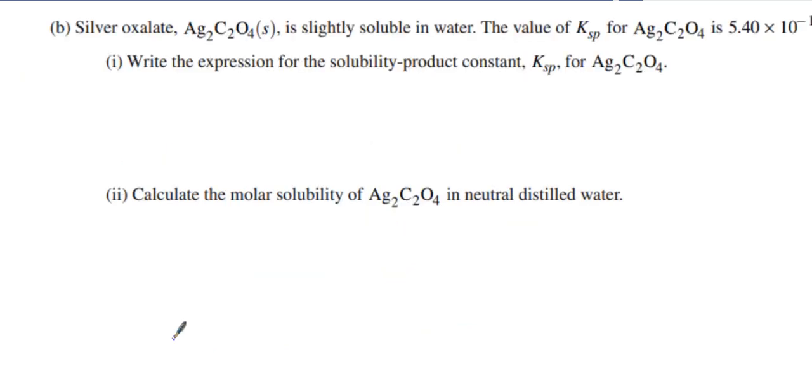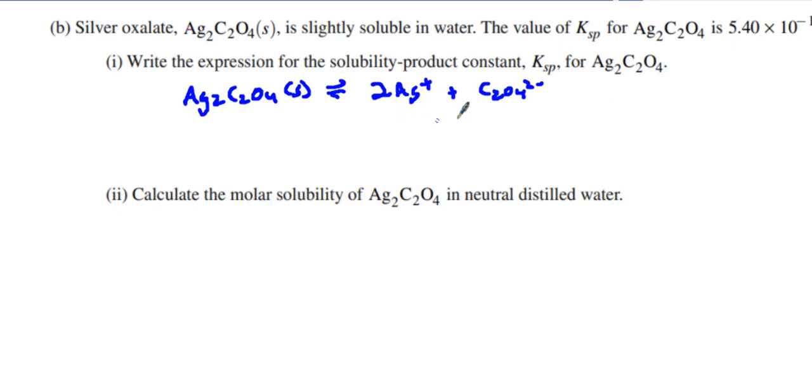Question B, B1. You can see we have silver oxalate, Ag2C2O4. The first thing I want to do is, it's a Ksp problem, a solubility product. I want to write my balanced reaction for the dissolution of the Ag2C2O4. So here we have Ag2C2O4 solid, and that is going to be in equilibrium with 2 silver ions, Ag+, plus the C2O4 2-, and that's what it would break up into.